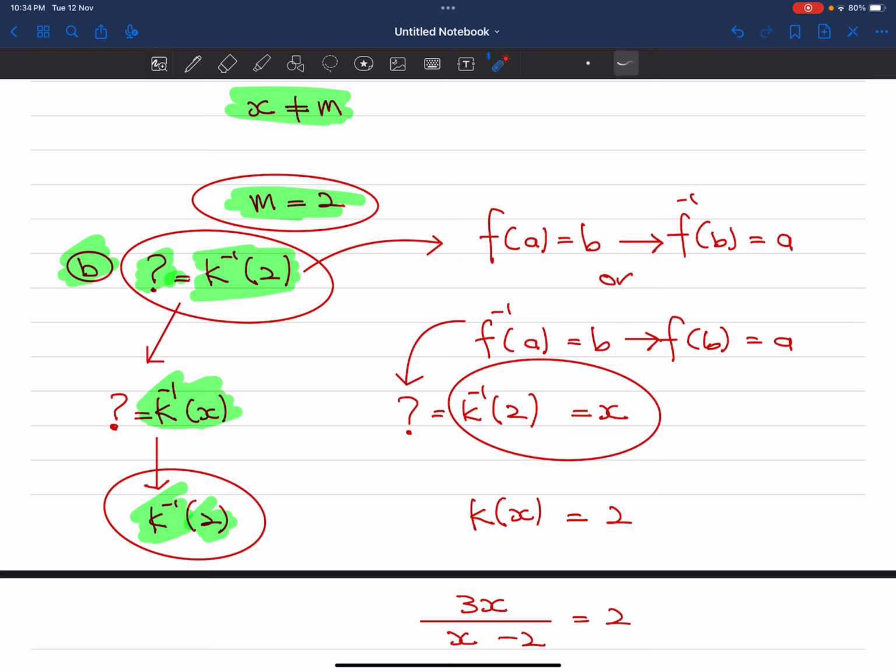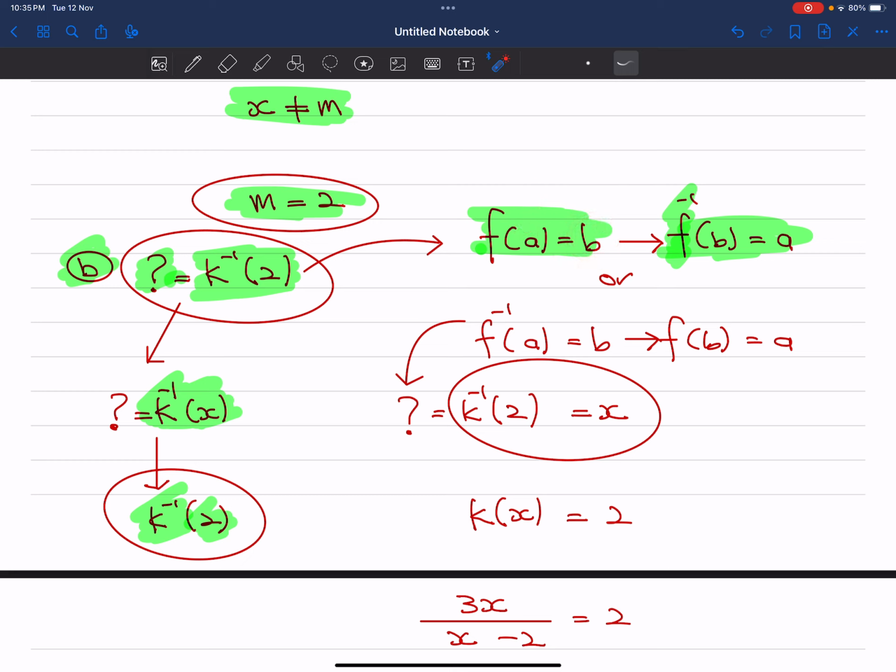Another method, based on my previous videos: if f(a) equals b, where a is the object and b is the image, and I exchange object and image, the function will become inverse. So f(a) equals b becomes f inverse (b) equals a.